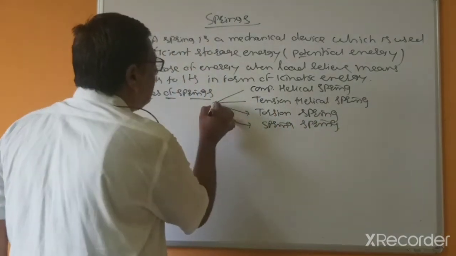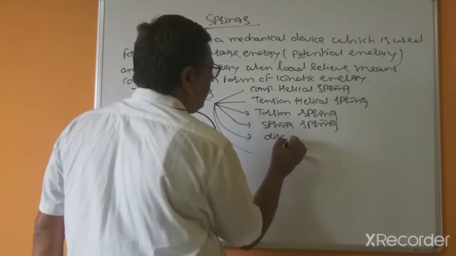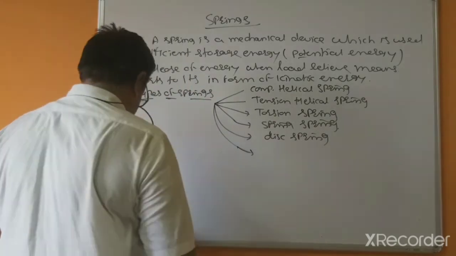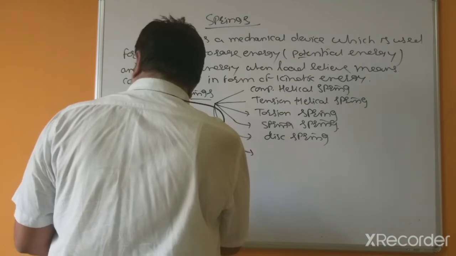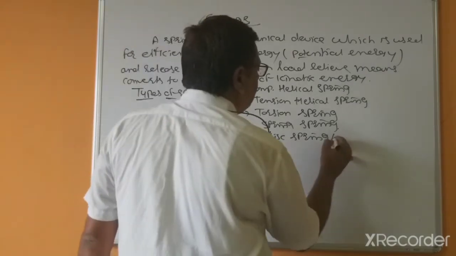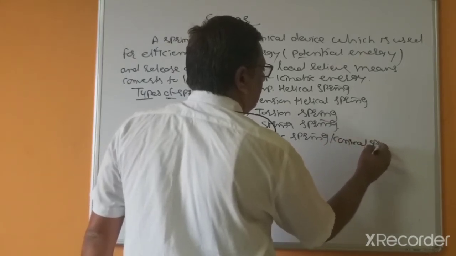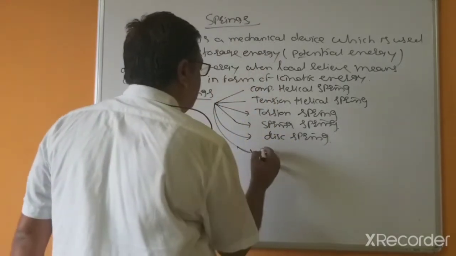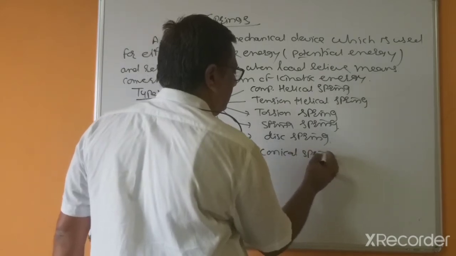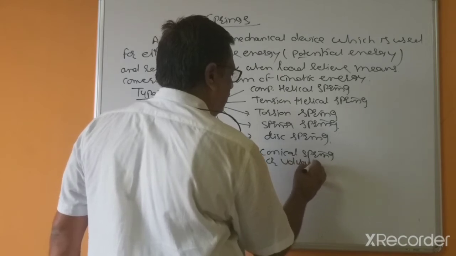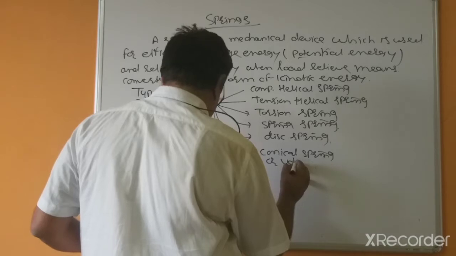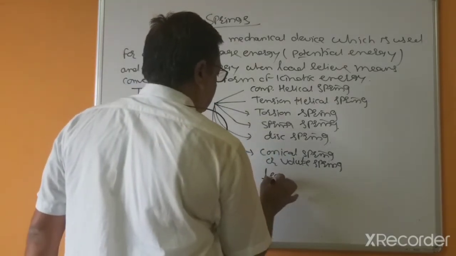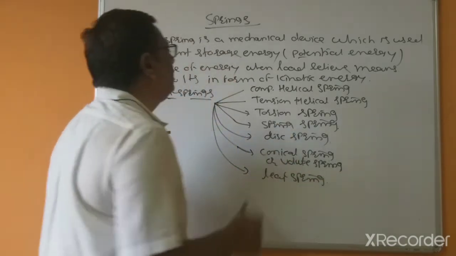Other types of springs are the disc spring or conical spring, the volute spring, and the leaf spring. So these are the types of springs.